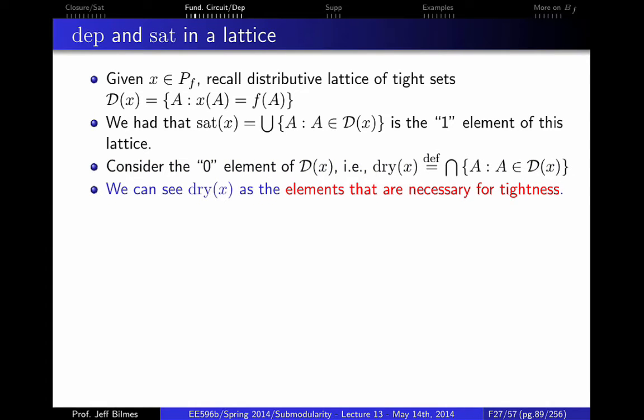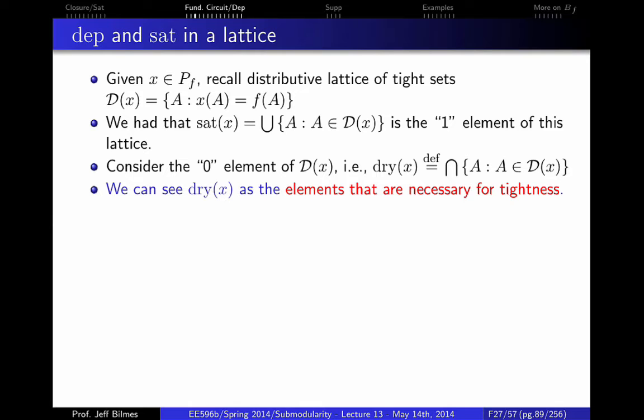And so we can think of dry, and this is really critical. Dry are like the elements that are necessary for tightness. If you are a set that does not contain any of the elements in dry, you're not tight. Why? Because the intersection of all tight sets has those elements. Now, dry could be the empty set, which means that there are no elements that are necessary for tightness.